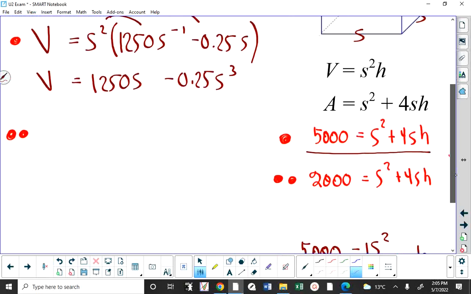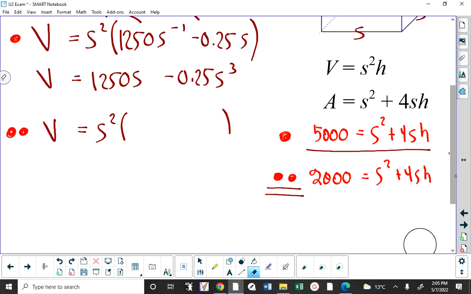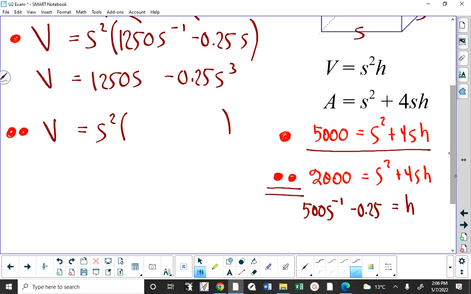All right, if you're doing version 2, you have to substitute in whatever h is equal to from this equation of constraint. And I won't go through all the steps with this one. I will just go ahead and tell you that if you rearrange this equation for h, you're going to have to subtract the s squared and divide everything by 4s, and you will get 500 s to the negative 1 minus 0.25s.